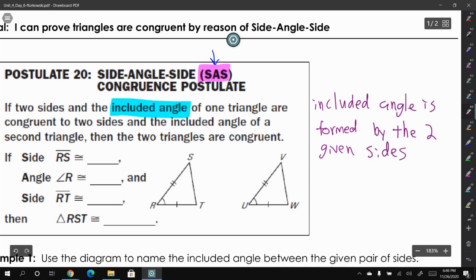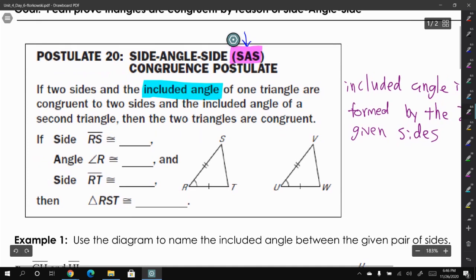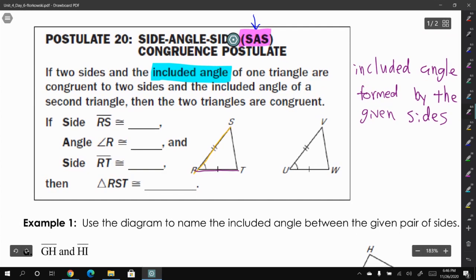So if I have over here, if we look at SR and RT, those are my two given sides. That included angle would be angle R. So let's kind of fill in this box.